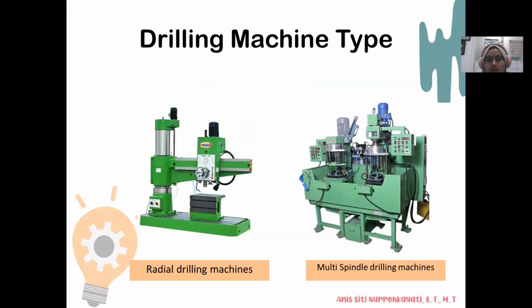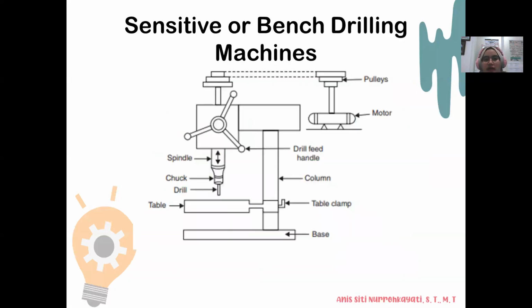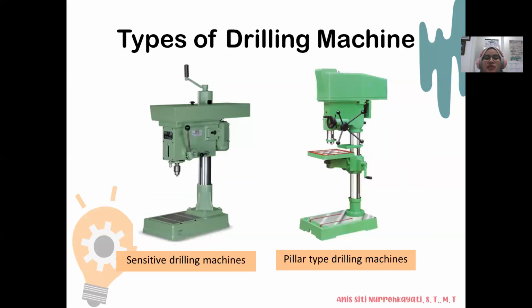And the other types of drilling machine are the radial drilling machine, multi-spindle drilling machine, and sensitive or bench drilling machine. I will explain them one type by one type.